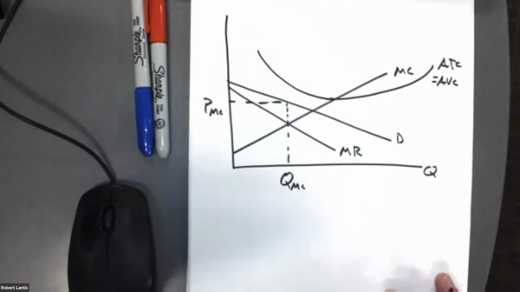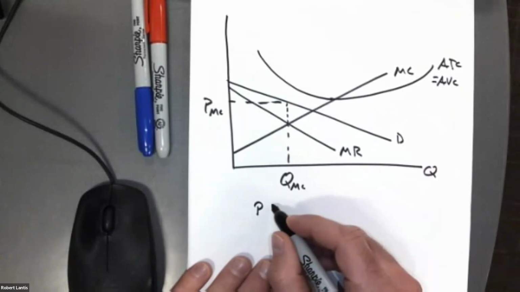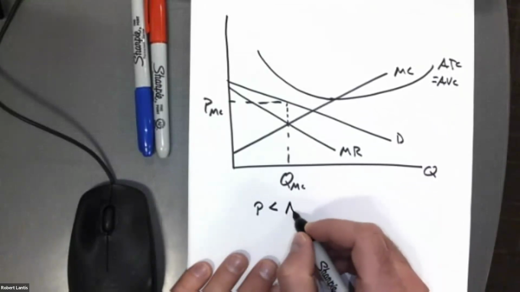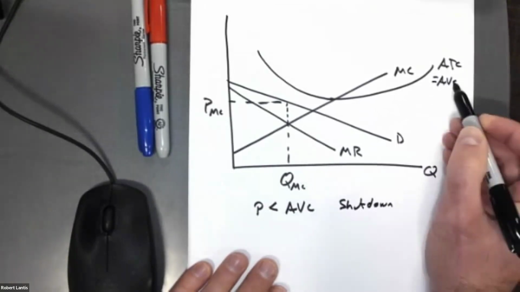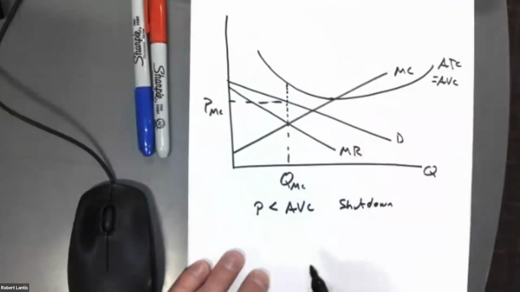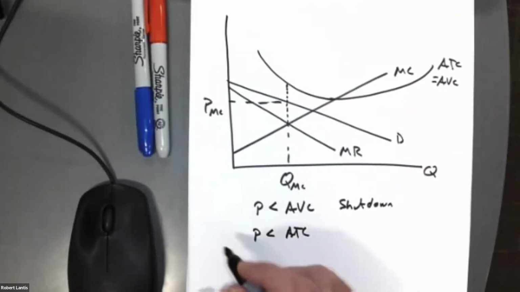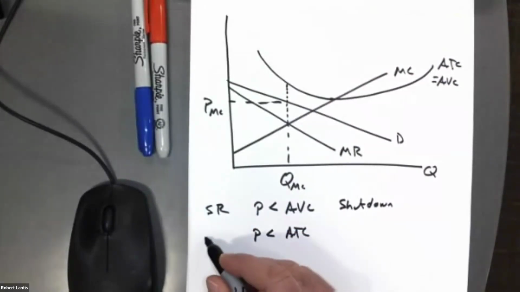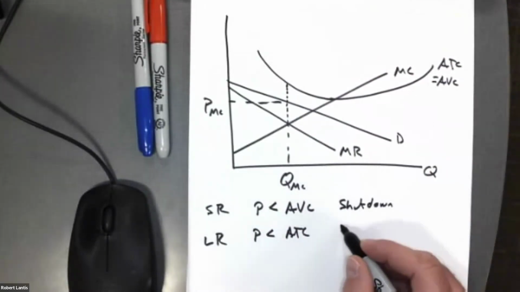So in the long run, what is my shutdown decision? Well, in the short run, if price ever falls below average variable, that was where we said we shut down. Notice in the long run, average total is equal to average variable. So in the long run, if price falls below average total, essentially that's saying it is below my average variable.